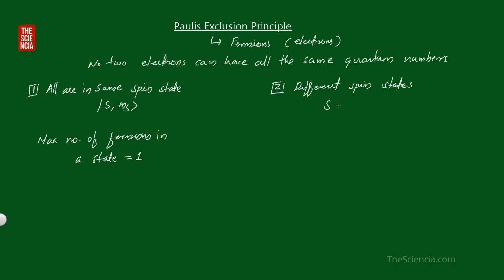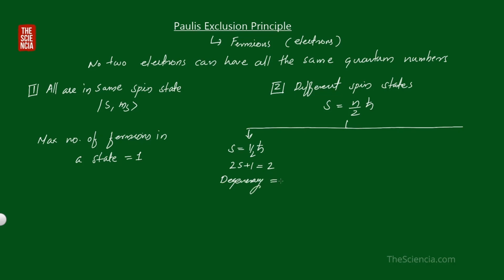and if the S value is equal to n by 2 h cross, then if S is equal to half h cross, 2S plus 1 is equal to 2, where this 2S plus 1 is the degeneracy. That is, degeneracy is equal to 2.